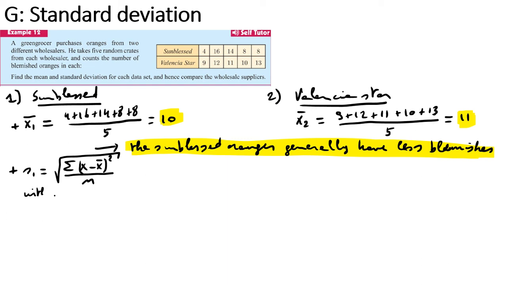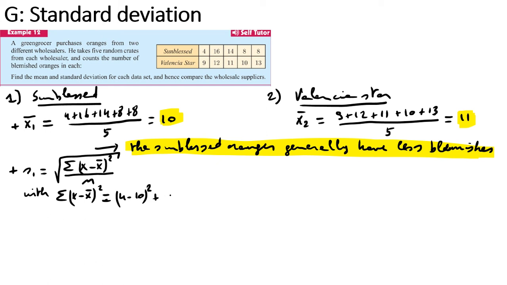So with the sum of the deviation squared, that is the first value that we have, the 4 for example here, minus the mean, which is 10, squared.